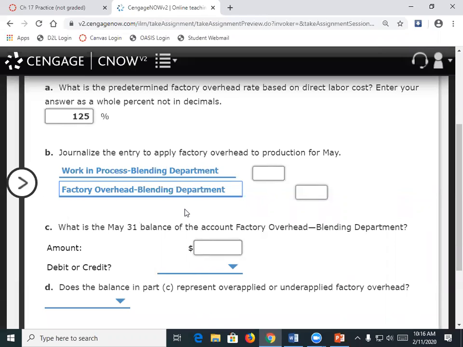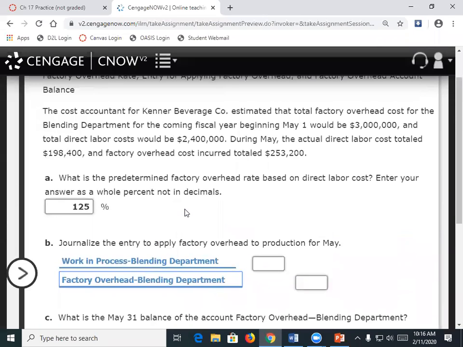How would I calculate my overhead for May? What was my direct labor for May? Yeah, we had the 198,400, right? We had direct labor in May of 198,400. So how much overhead would I apply in May? You don't add in this case because we're applying overhead.